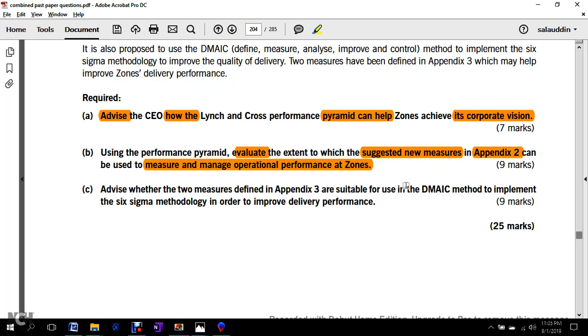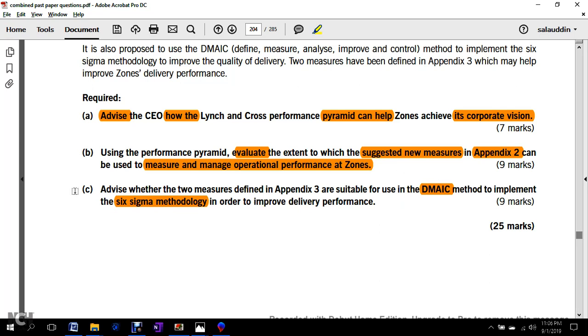And finally the requirement is about Six Sigma, the 5 steps involved: define, measure, analyze, improve and control. So let's read the requirement. Advise whether the 2 measures defined in appendix 3, so in appendix 3 we'll get 2 measures, are suitable for use in the measure phase to implement Six Sigma.